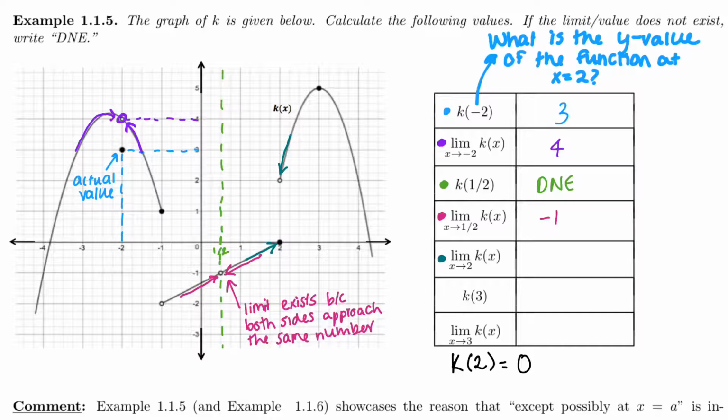Because they approach different y values, the limit does not exist. Does that make sense? Does that one make sense for everybody? Even though k of 2 is equal to 0, the limit as k approaches 2 does not exist.